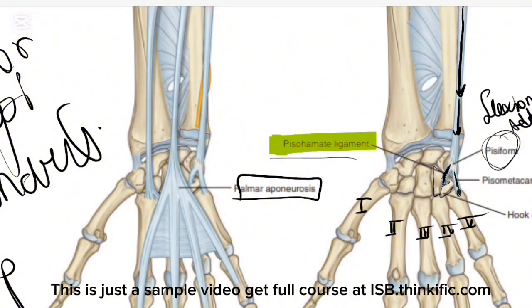Anyway, the palmaris longus, like all of the other muscles, is supplied by the median nerve. The function of this muscle: first, it can flex the wrist joint, because it's attaching beyond the elbow, at the wrist joint.